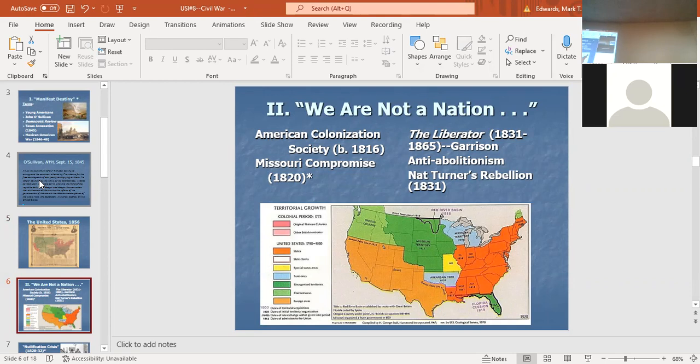And everything has to do with representation in the national government. House of Representatives representation is based upon population. You're a large state, you're going to have more representatives. You're small, it's smaller. There was nothing southern states could do after 1820 to really deal with that issue.